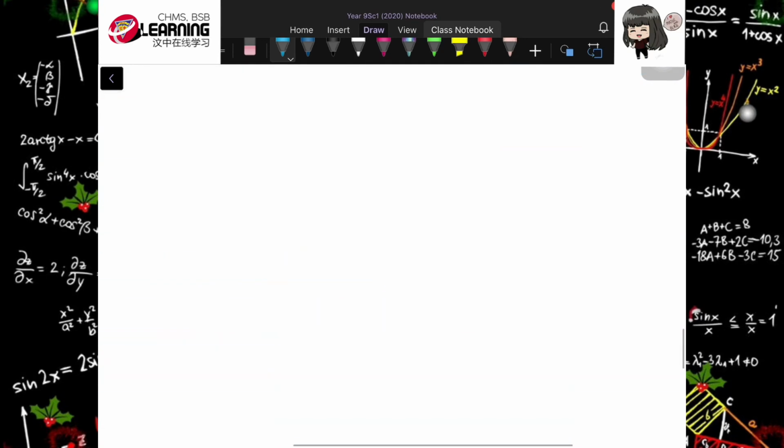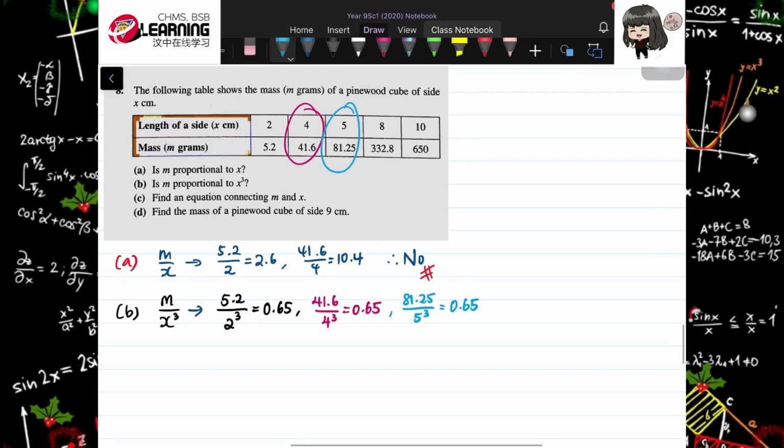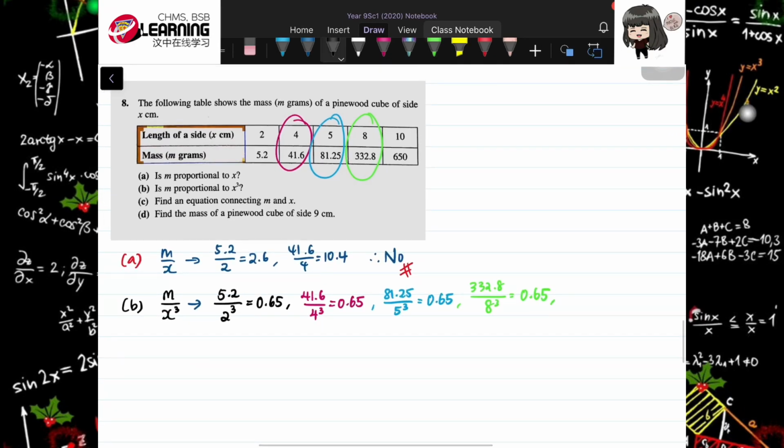The fourth one: 332.8 divided by 8 cubed, 0.65 again. And the last one, 650 divided by 10 cubed, is also 0.65.